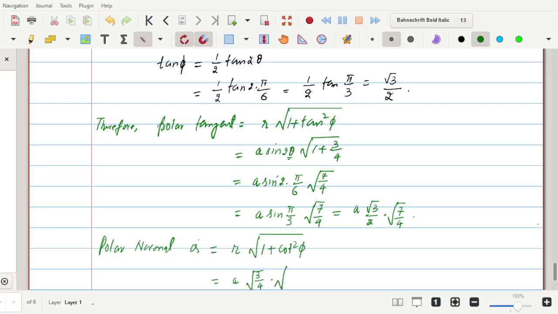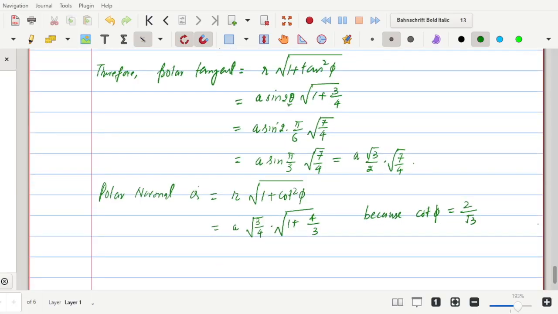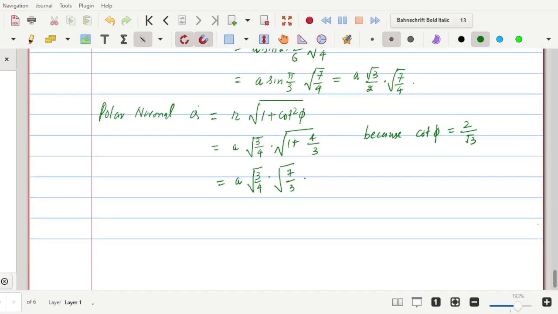So here we can substitute 1 plus 4 divided by 3. We mention the reason: cot phi is equal to 2 divided by root 3, and we know that cot and tan are reciprocals of each other. So this is equal to a square root of 3 by 4 into square root of 7 by 3. So this is the length of the polar normal.